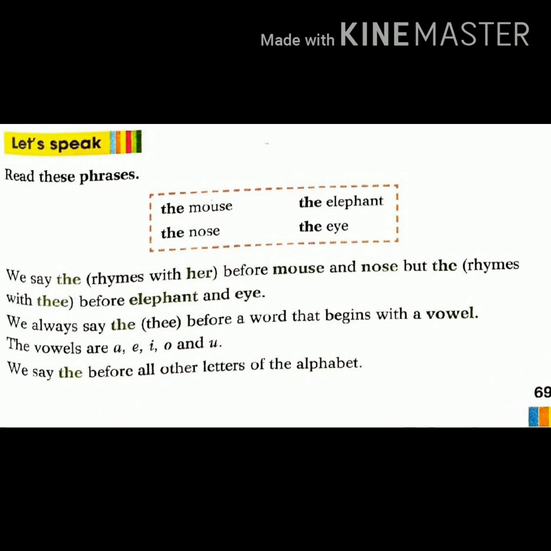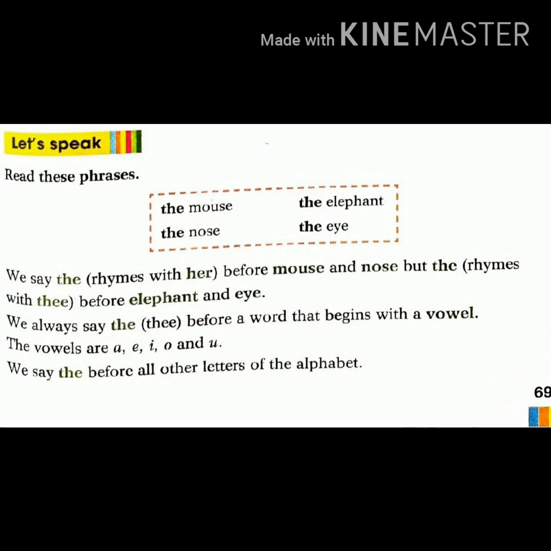Here I want to explain something about the word "the" and the pronunciation of "the". Try to understand it well. Read these phrases. The mouse, the elephant, the nose, the eye.